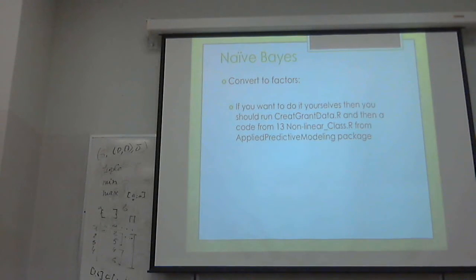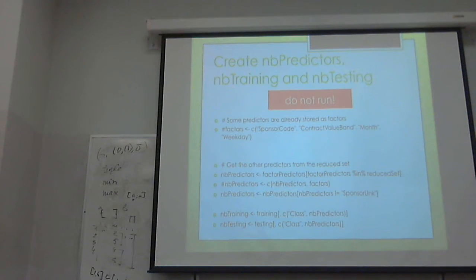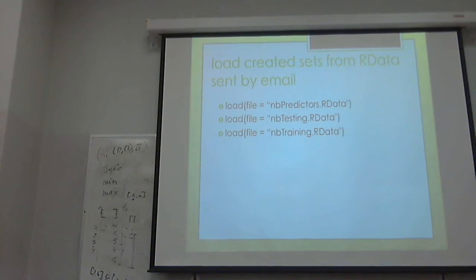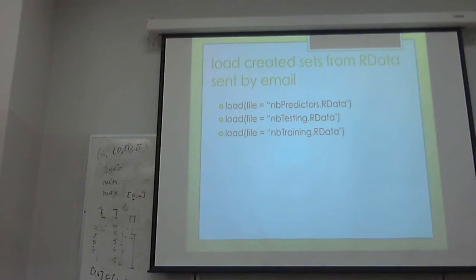You can do it yourself with the package from Create Grant Data, but we don't do it. Instead, you have these 3 sets of naive Bayes data: NB predictors, NB testing, and NB training.